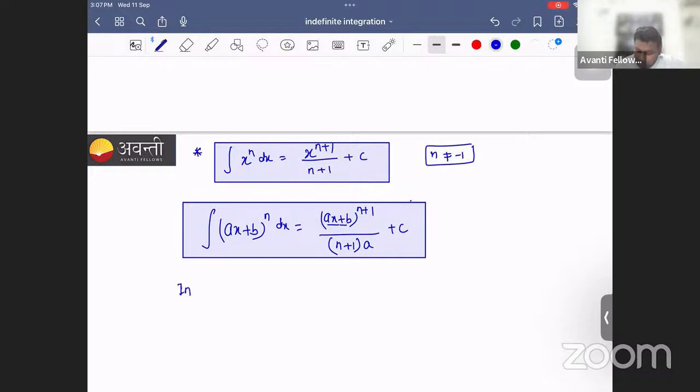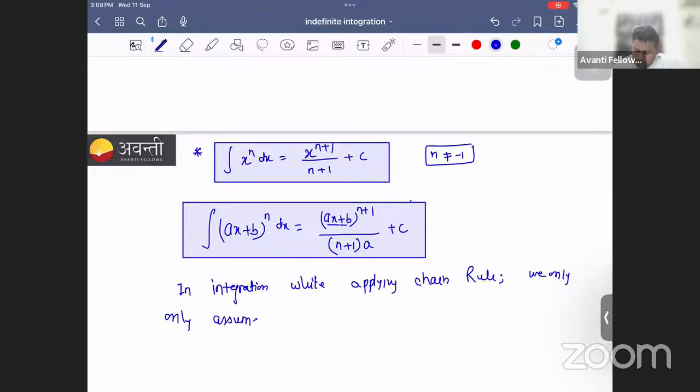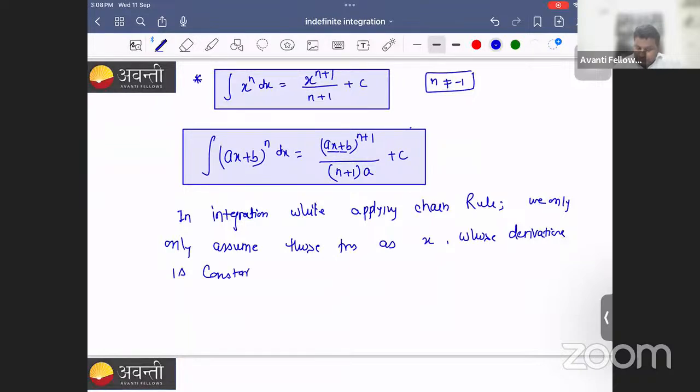So in integration, while applying the chain rule, we only assume those functions as x whose derivative is constant, that means which are linear, and then we divide by that derivative.